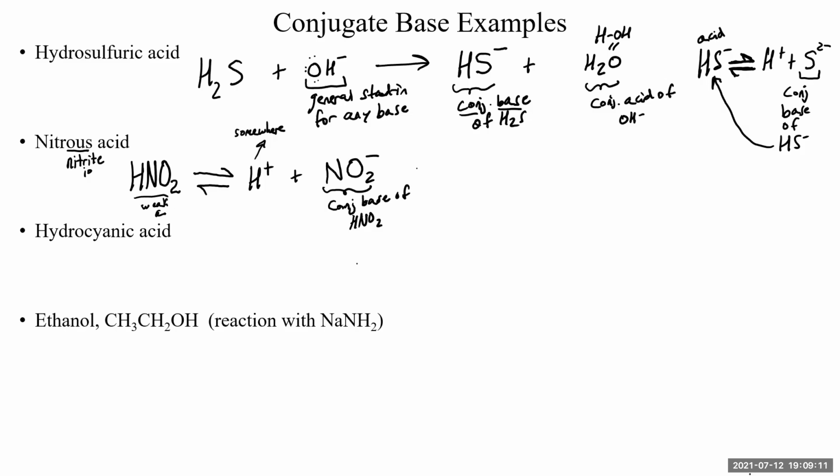That makes nitrite ion a relatively strong base. It has a good tendency to pick up protons from solution. So nitrite ion can go around and grab protons from many other kinds of compounds, and possibly to a limited extent, even water.